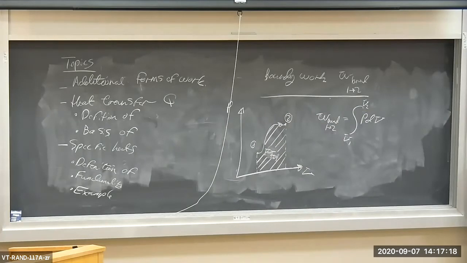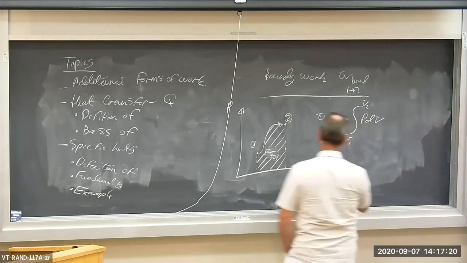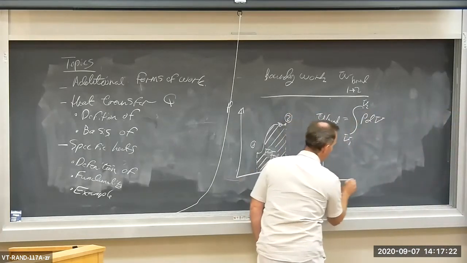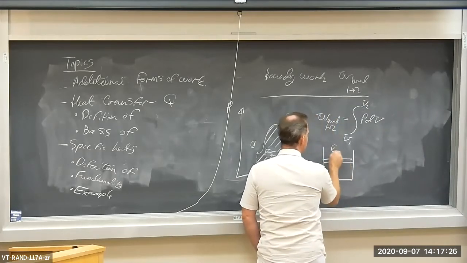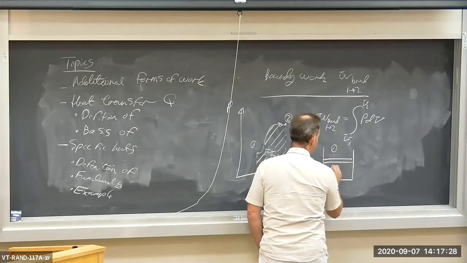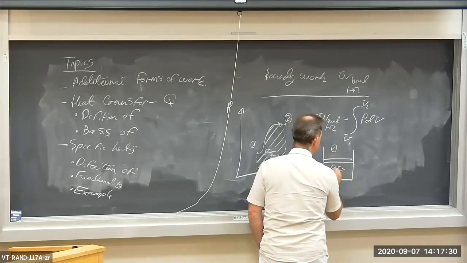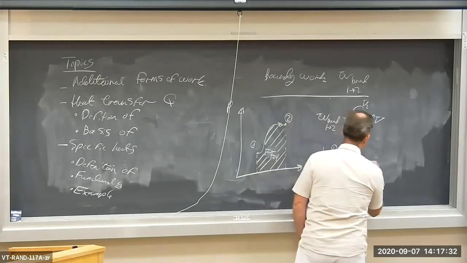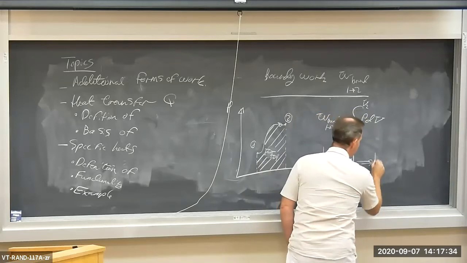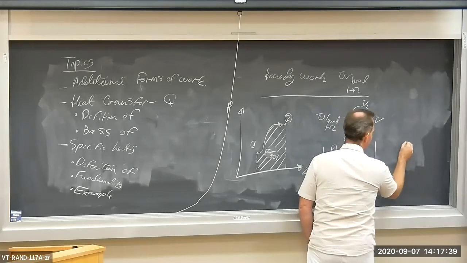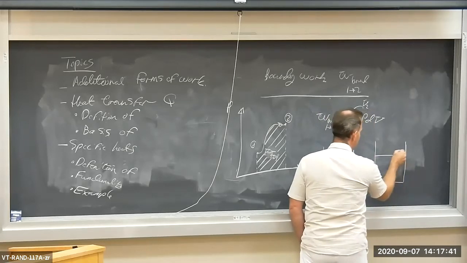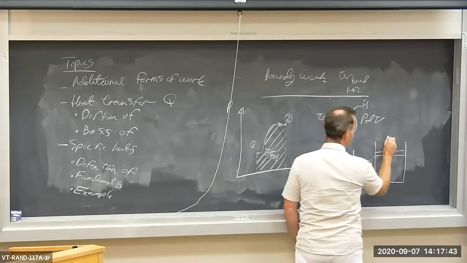So our system is moving from state 1, so I have a pressure, I have a volume V1, I have a bunch of initial conditions here, and it goes to state 2. Let's say it's expanded a little bit from state 1 to state 2.